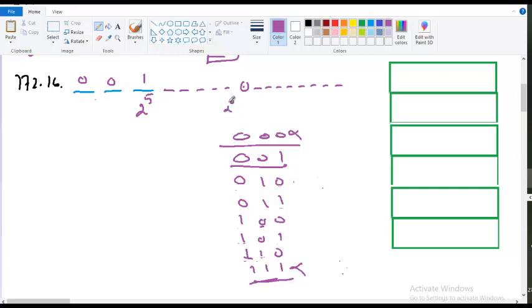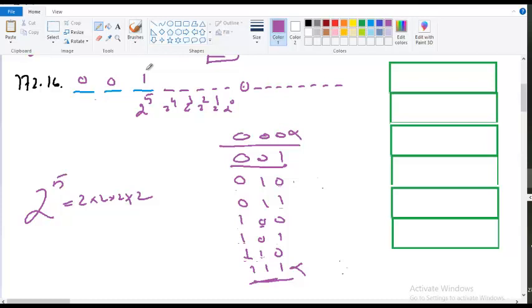This is 2 to the power of 0, 2 to the power of 1, 2 to the power of 2, 2 to the power of 3, 2 to the power of 4. This place is 2 to the power of 5, which is on. The face value of 2 to the power of 5, meaning what is 2 to the power of 5? 2 into 2 into 2 into 2, which is 8 multiplied by 2, 16.